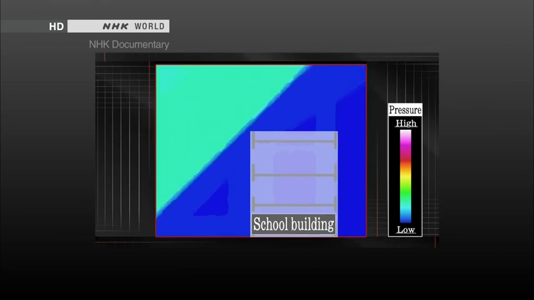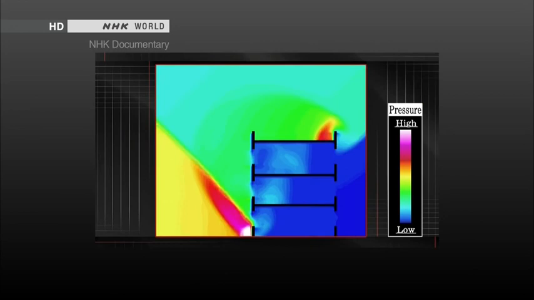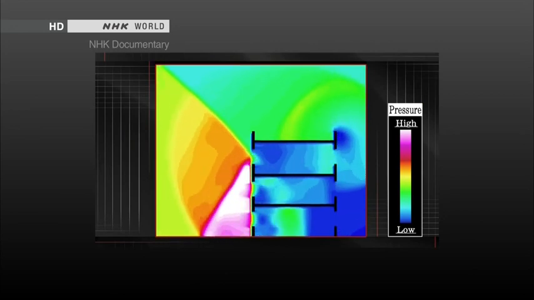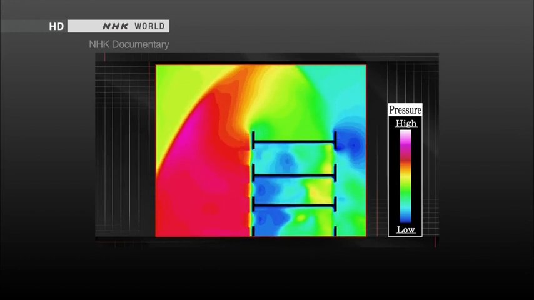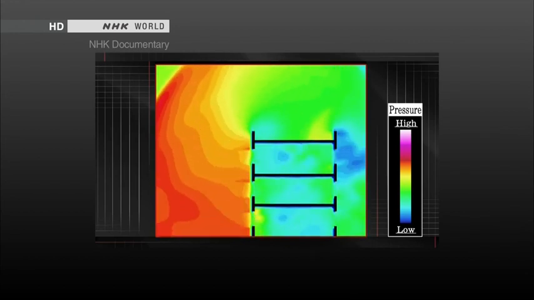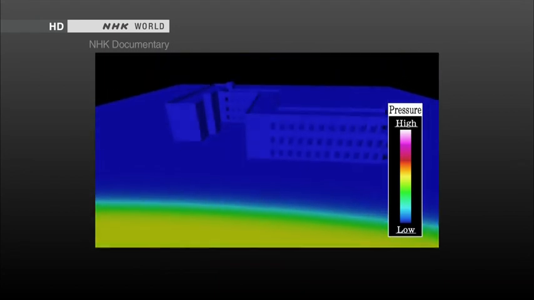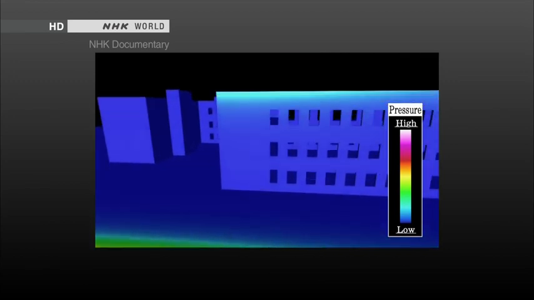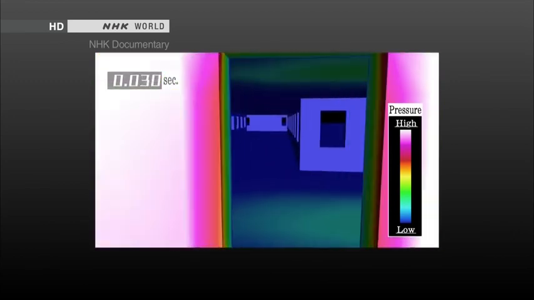Here's a cross-section of the building. The instant the Mach stem hits the building, a series of pressure waves follow, charging the structure one after another. The Mach stem reaching the north wing forces its way through the windows instead of destroying the walls.